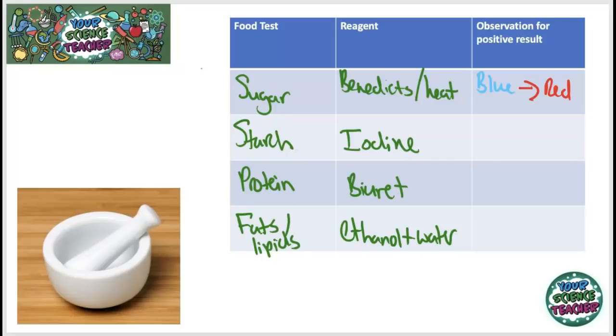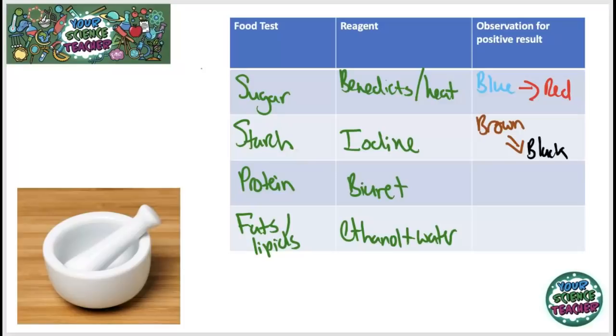Now, the starch test will go from a brown colour. Some people describe it as yellowy black, but I prefer to describe it as a browny colour, and it goes black if you have starch present.